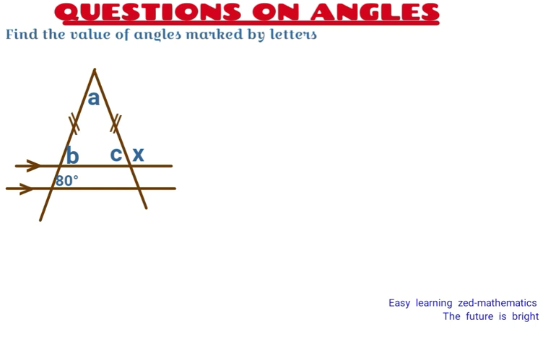In fact, you can come up with two isosceles triangles. The one that ends on the first line where there is B and C, and another one which stretches up to where there is 80 degrees. So these are two isosceles triangles, and you need to understand the features of an isosceles triangle.